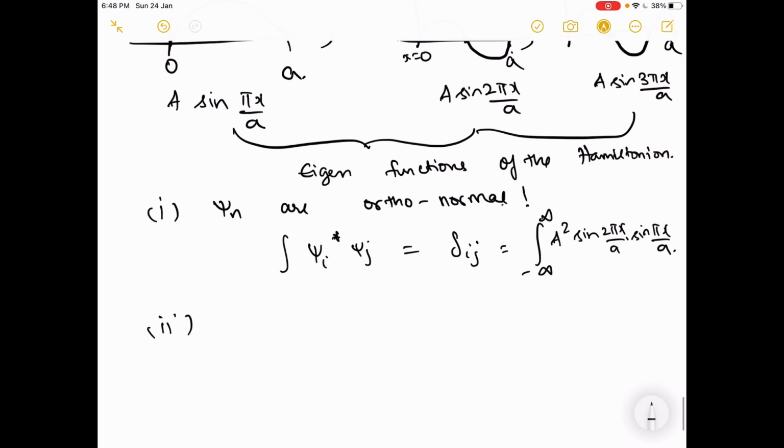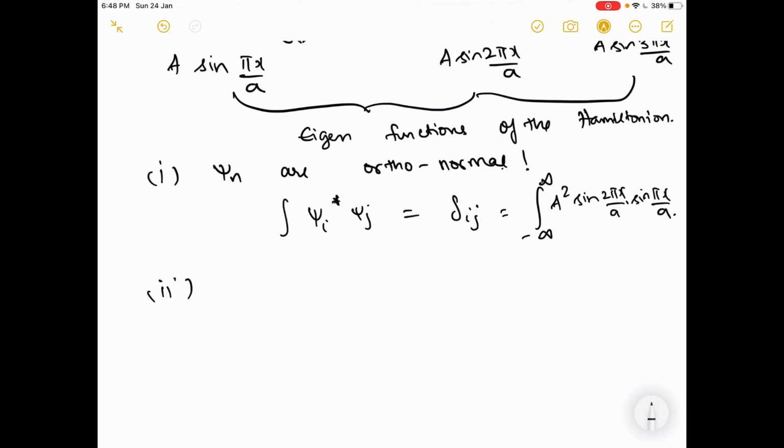The second is that psi_i square is time independent, right? Why? It has only the x component, and psi_i of x comma t is, let's say, the first one.